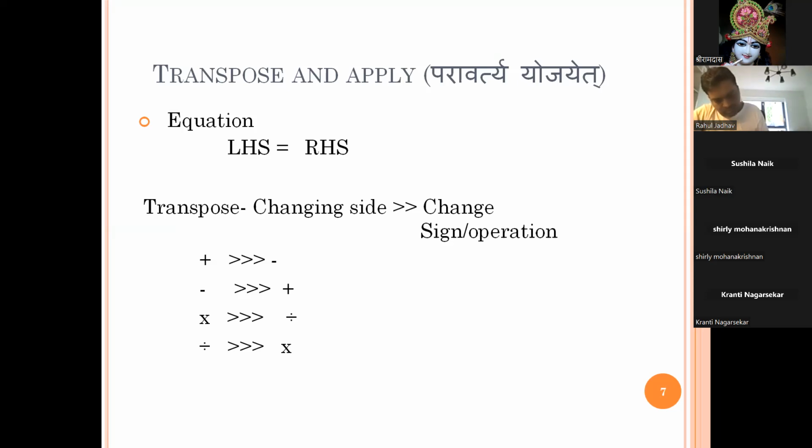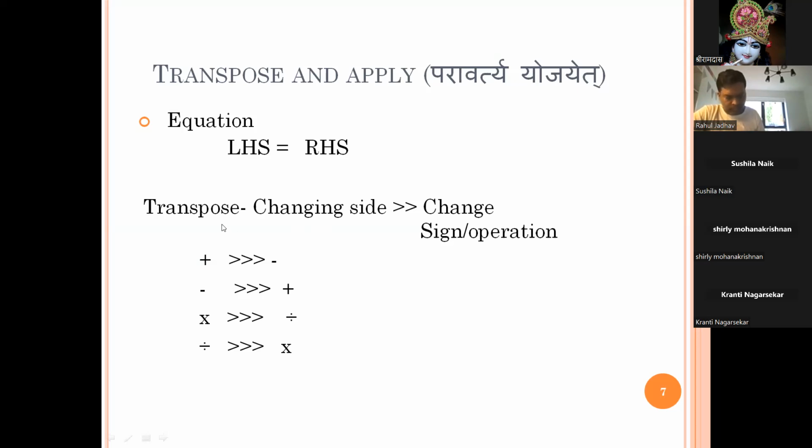Basically, we learn that in school. An equation is where the left hand side is equal to the right hand side, LHS equal to RHS, equated by the equal to sign. That is called an equation. To solve any equation, you can use this sutra, called transpose and apply, or Paravarti Yojayet.